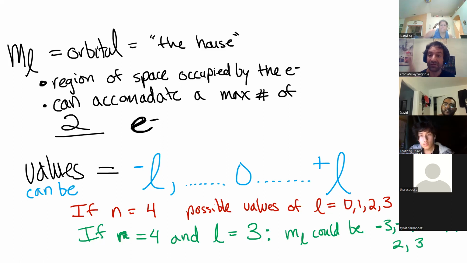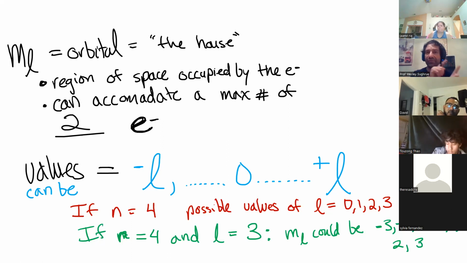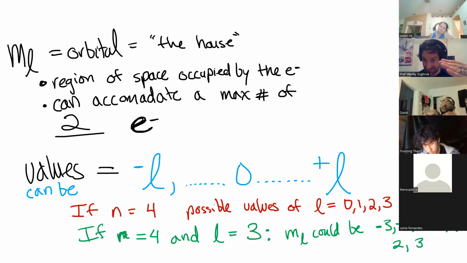So the electron's house defines the parameters. Almost the opposite direction. The city defines the number of streets available. The street defines the number of houses available. So they're all dependent upon one another. Exactly.